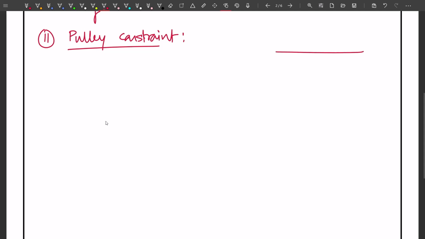So let me take an example. Let's say I have a system of pulleys like this.